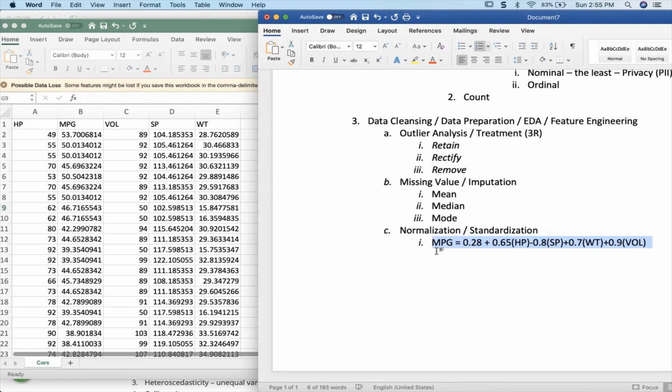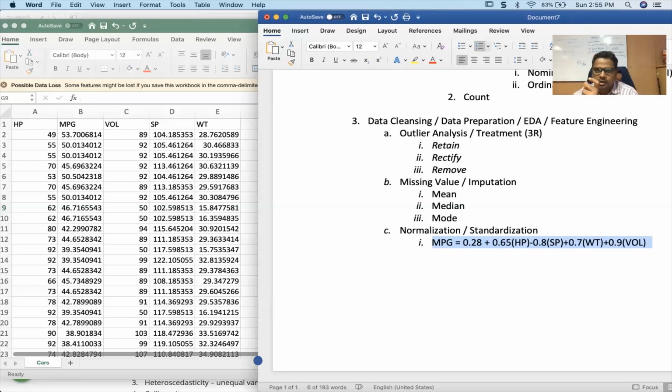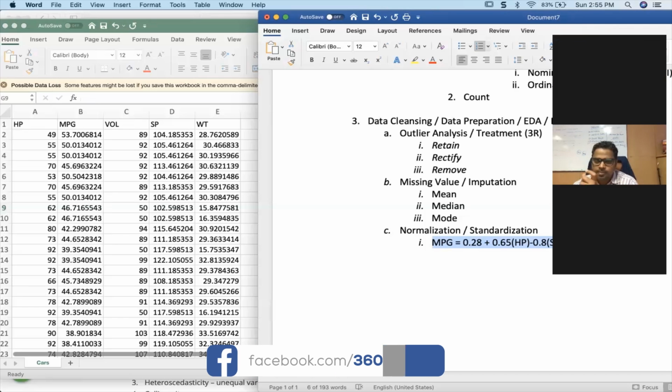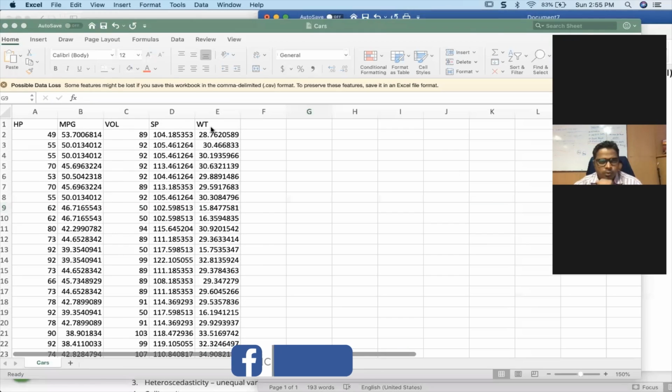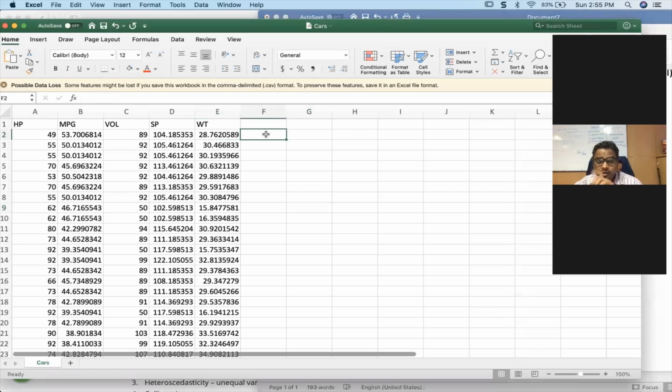Yeah, friends. Weight. Weight will have the least influence. Why? Weight has a number which is very small, right? Good. That's a good thing. Now what I will do is, instead of representing weight in kgs, assume this weight is in kgs, I'll change this to pounds. 2.2 pounds is 1 kg.